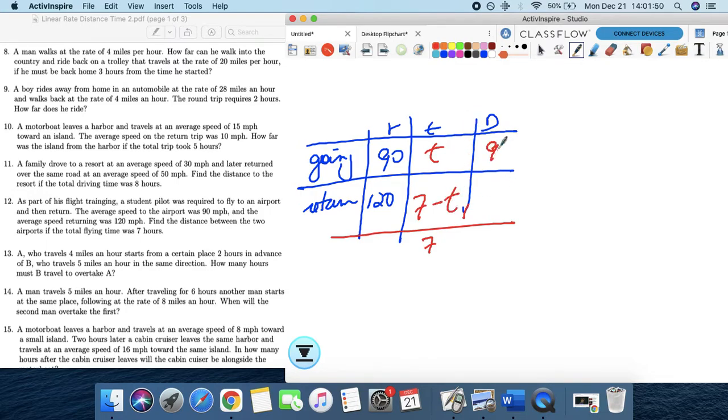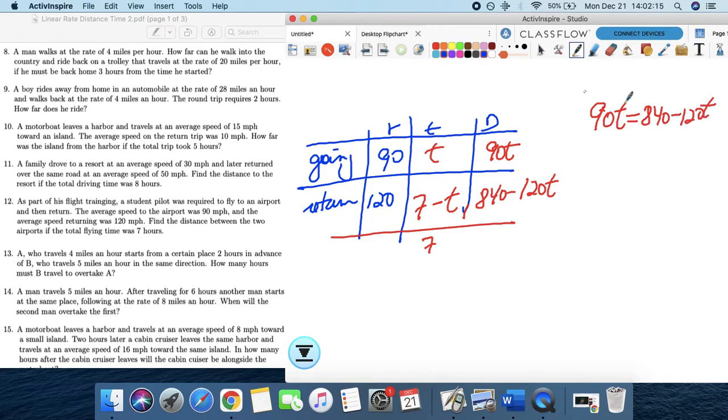Multiply, we get 90T. And here we're going to get 840 minus, what is that? It's 120 times 7, yeah, minus 120t. So now we want to set these two equations equal to each other because the distances are the same.